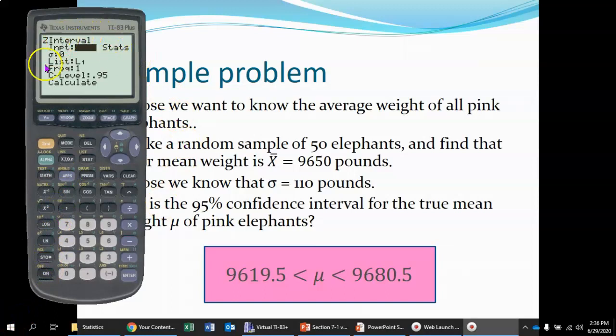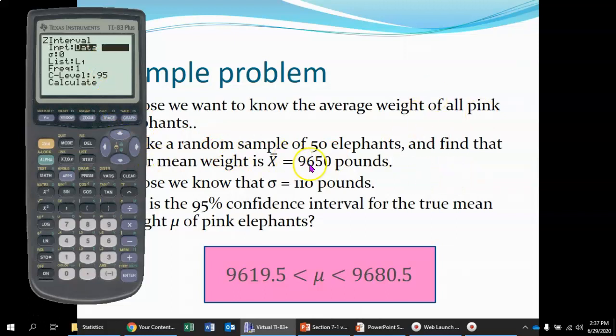Now when you do this, you're going to get a little screen that's going to say Z interval at the top, and then it's going to say input data stats. If it's on data, we need to switch it over to stats for a problem like this. For it to be on data, that would be if you had all of your individual data values, like all of your 50 individual weights for all the elephants in your sample, and you wanted your calculator to work with those and do all the calculations from those.